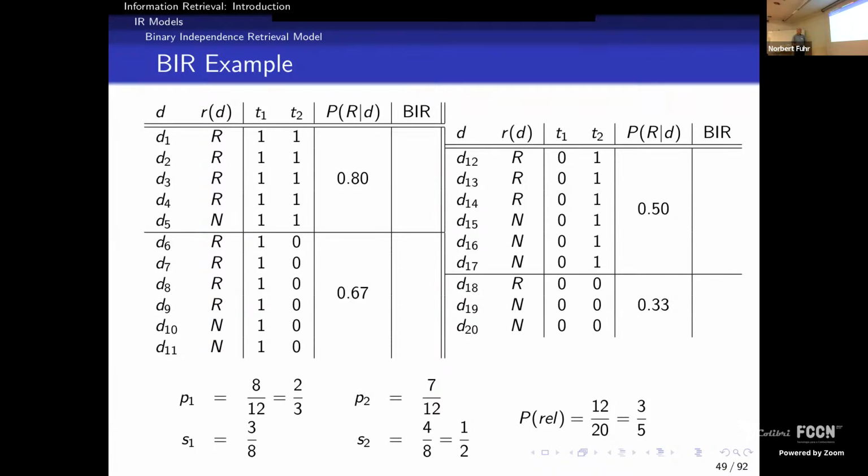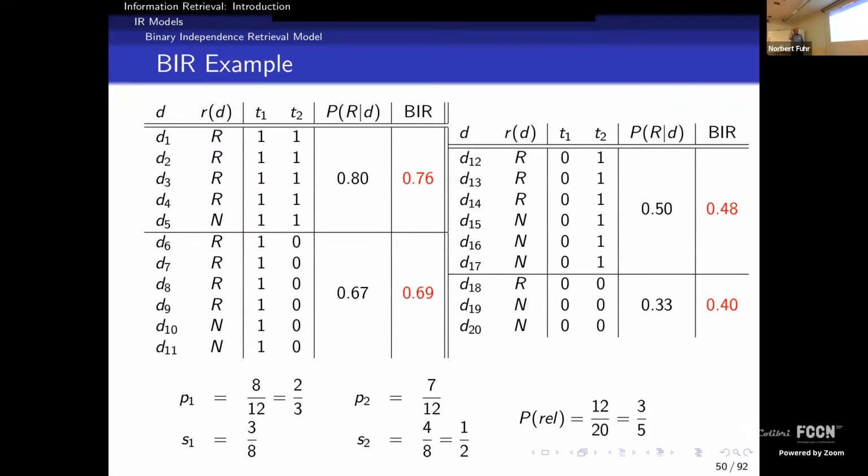And now with these parameters, we can apply the formula from the previous slide after we have corrected it. And then we get these values here. We get 0.76 for the first group of documents, 0.69 for the second, 0.48 for this group, and 0.4 for the fourth group.